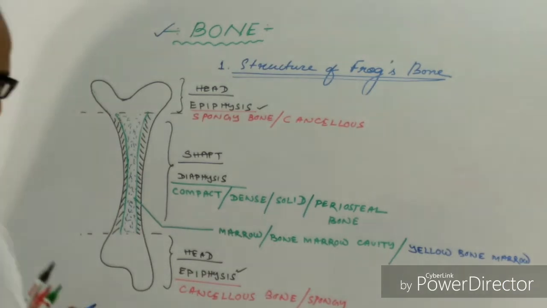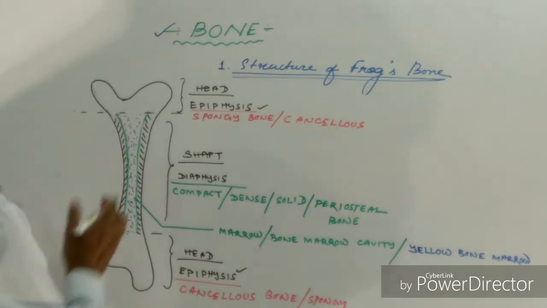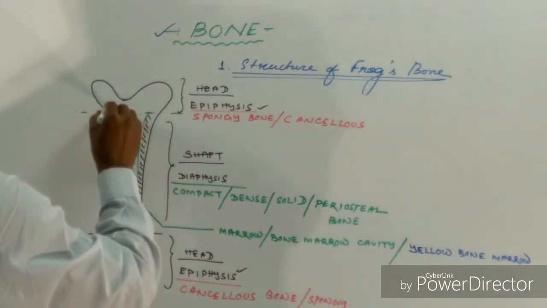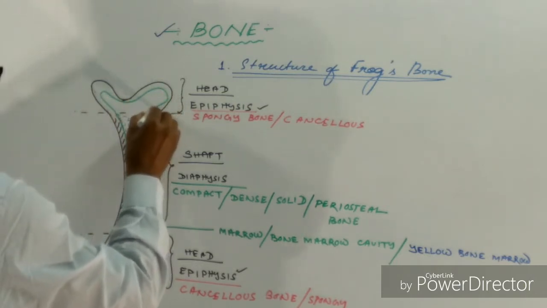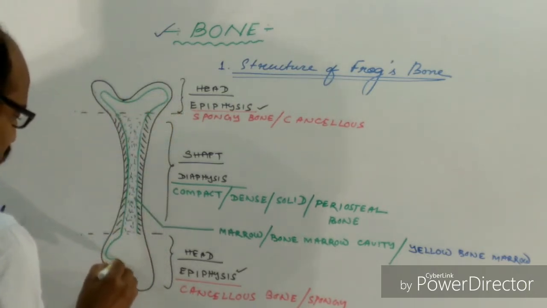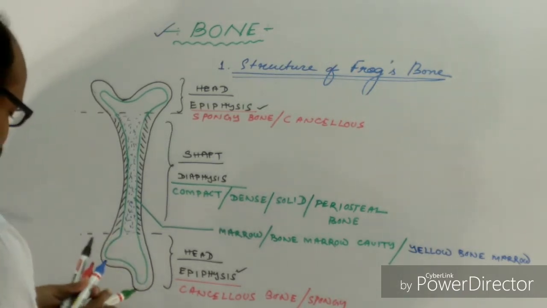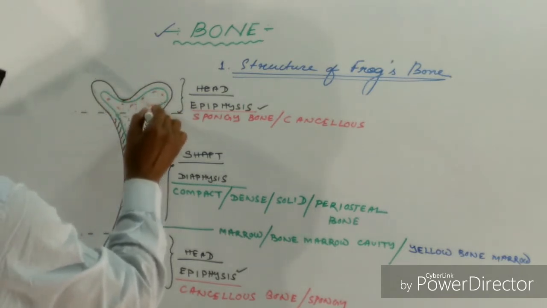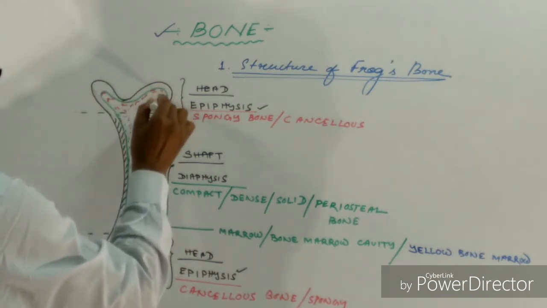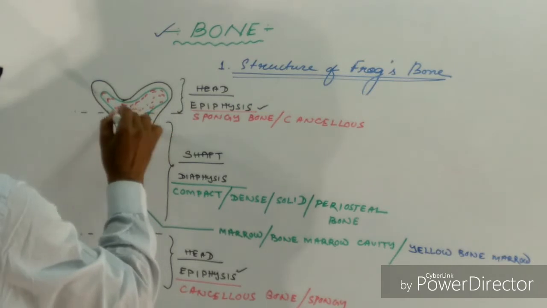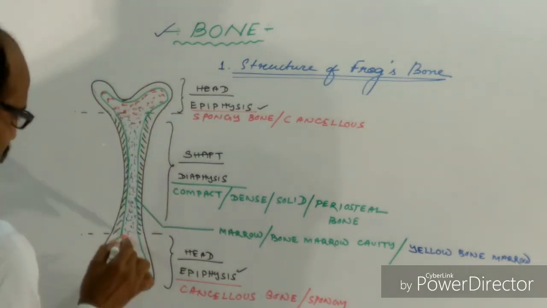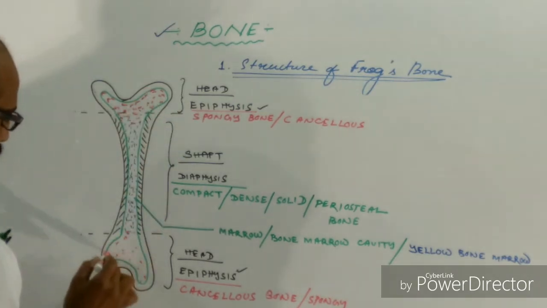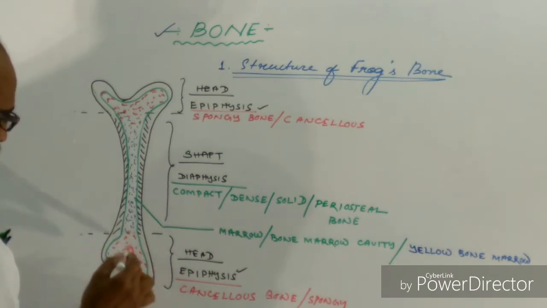But at the spongy region, or the epiphyseal region, it has a number of trabecular structures, transverse as well as longitudinal trabeculae. That's why it is spongy in nature and has a number of blood vessels with RBCs.